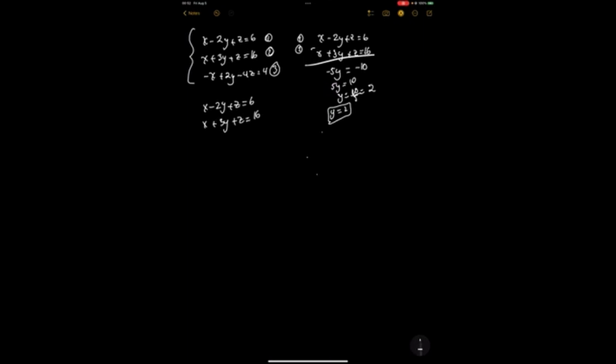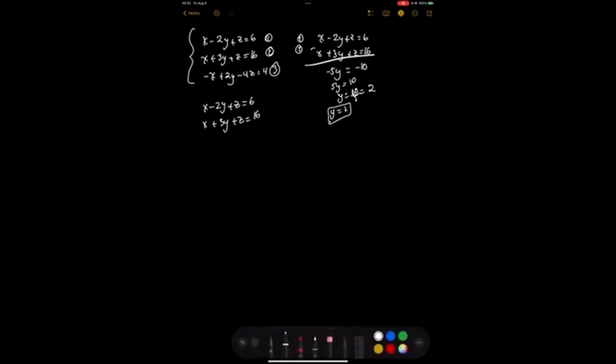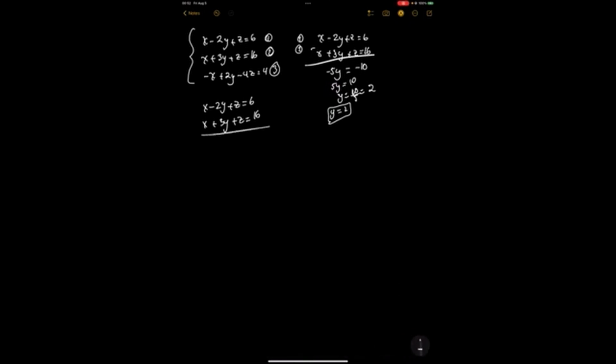And I'm going to replace y in those 2 equations. So it's going to be x minus 2 times 2 plus z equals 6, and x plus 3 times 2 plus z equals 16, right?